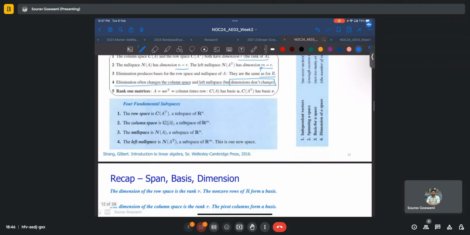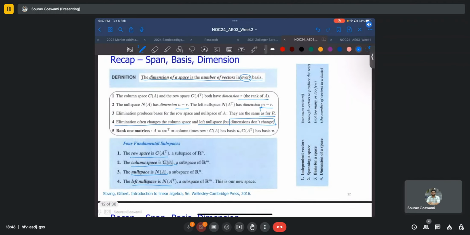The four fundamental subspaces, of course, are the row space, which is the column space of A transpose, the column space of A, the null space, and the left null space. Here also we have a few key ideas, as you will see in this box to the right, which says that independent vectors suggests that no vectors are extra. All the vectors are unique and there is no vector which can be expressed as a linear combination of the others.